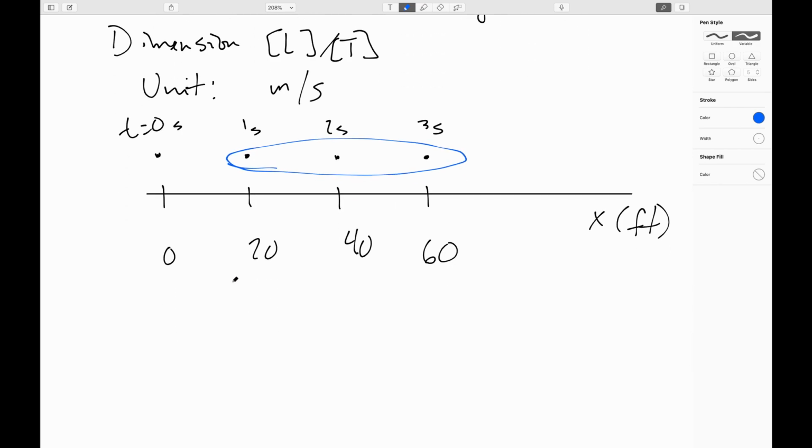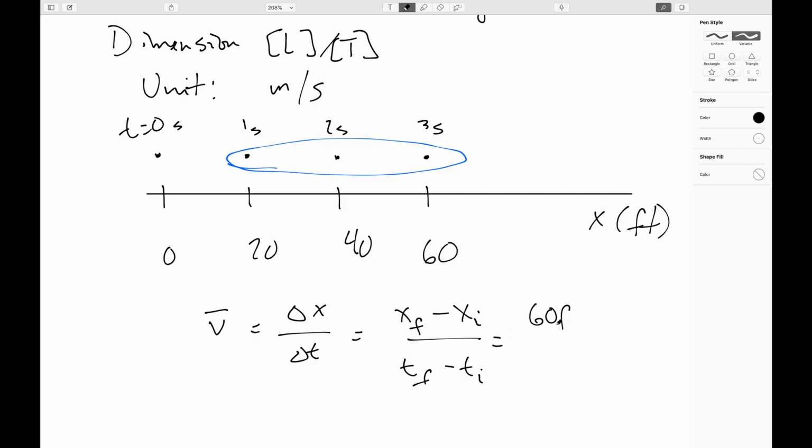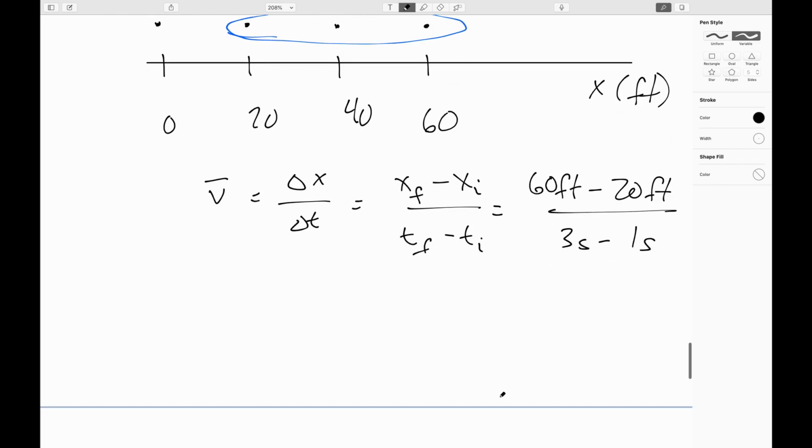Let's figure out what that would be. The average velocity would be the displacement over the change in time. So x final minus x initial over t final minus t initial. x final is going to be 60 feet, we'll be subtracting 20 feet, and we'll divide by 3 seconds minus 1 second, because those are the times of day that the object was at those locations.